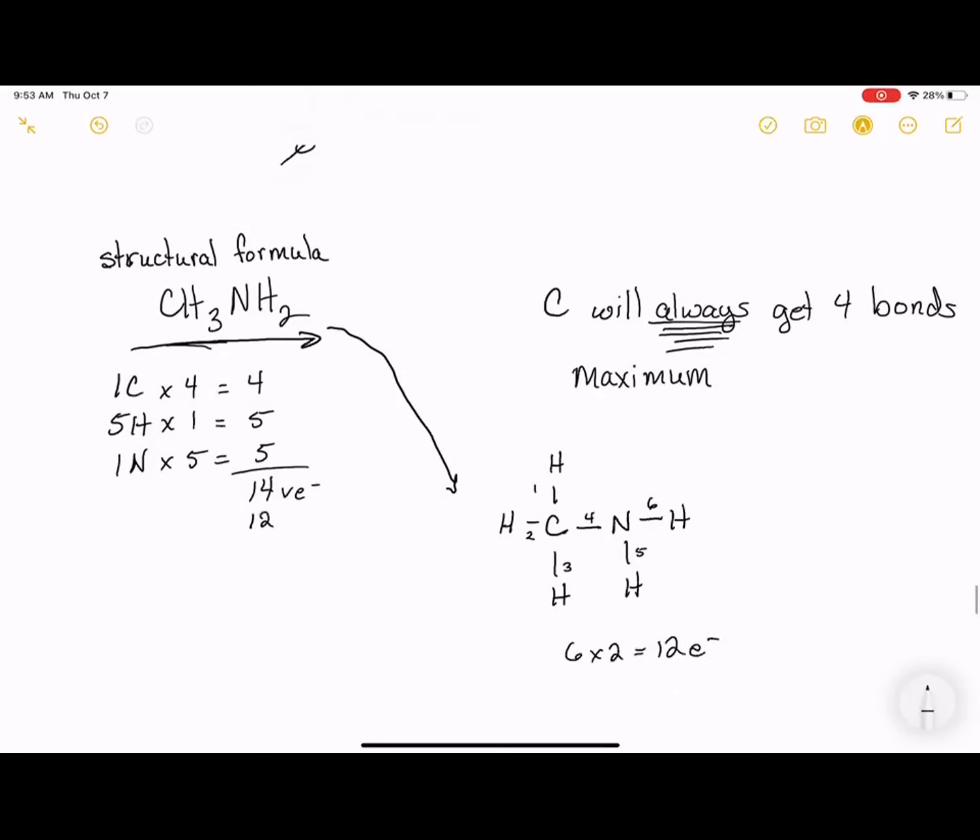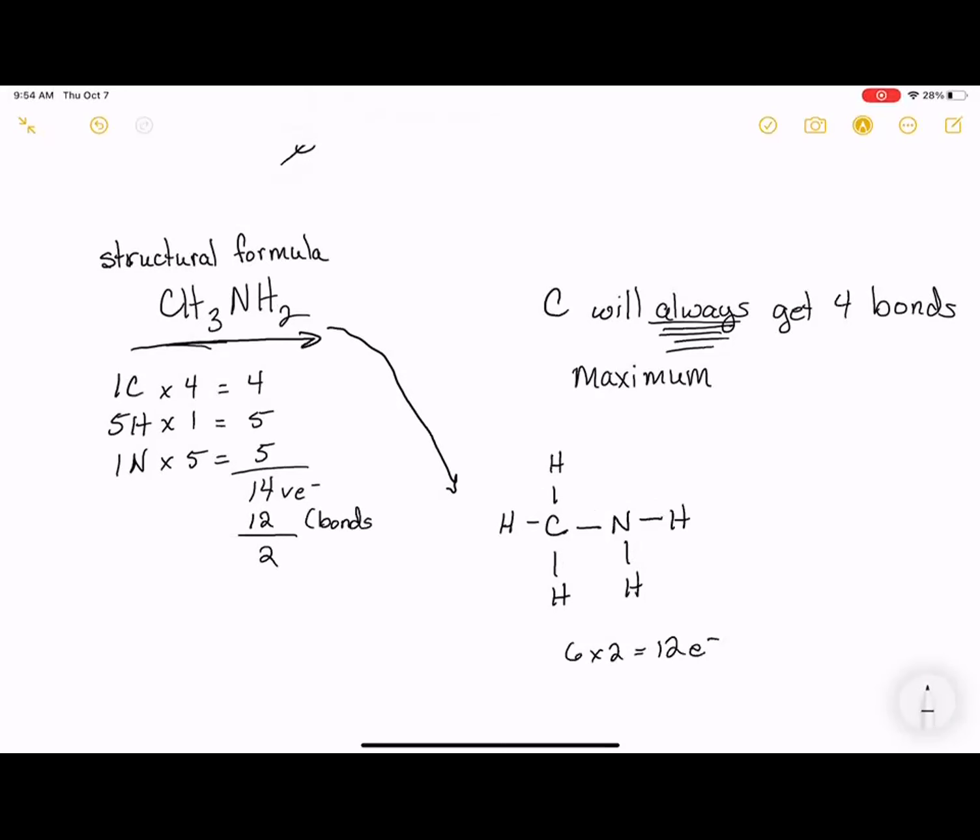So we will subtract out 12 electrons due to our bonds, leaving us 2 valence electrons left to go. Now we got to figure out where to put it. Where do we put those electrons?